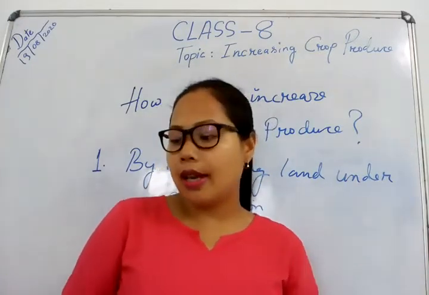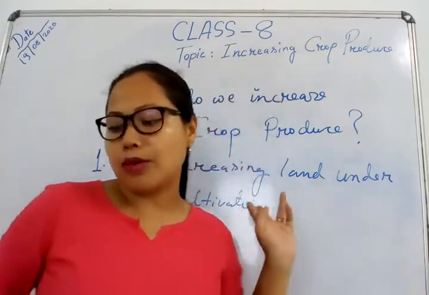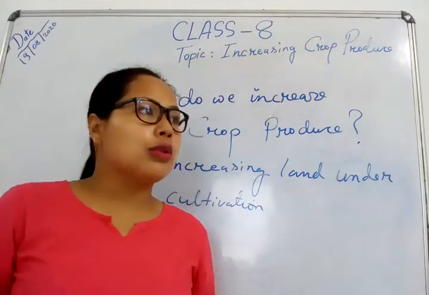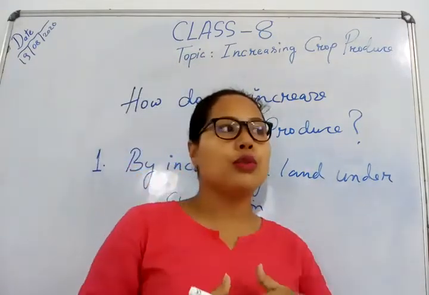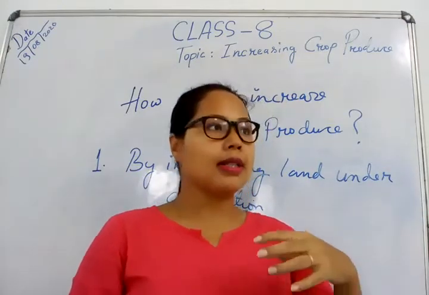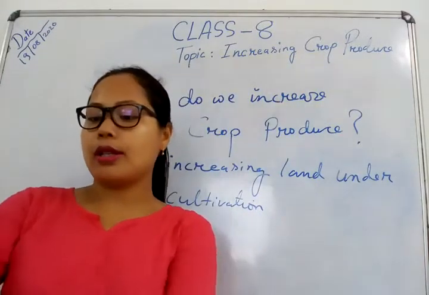Okay, it has a huge negative impact, although this is one way of increasing crop produce. So now we should look into a different method, a positive method of increasing crop produce. So let's see what those are.